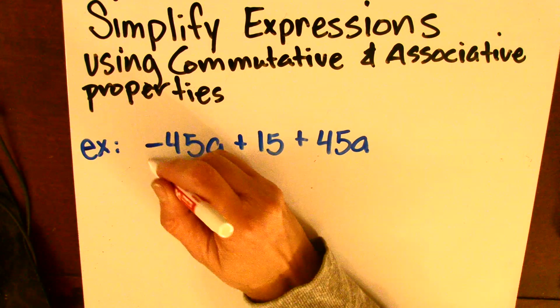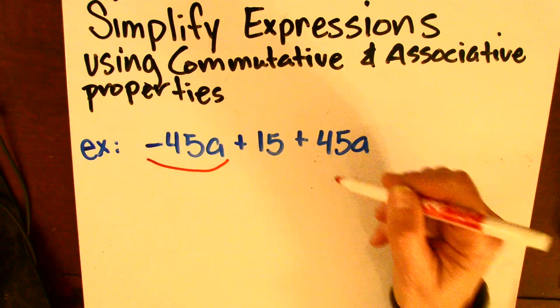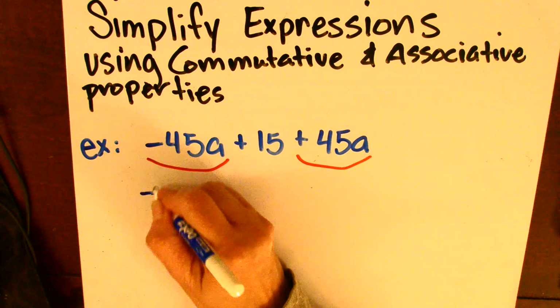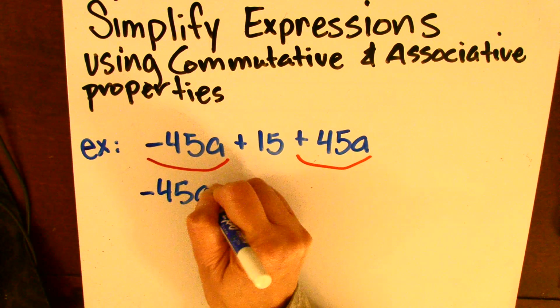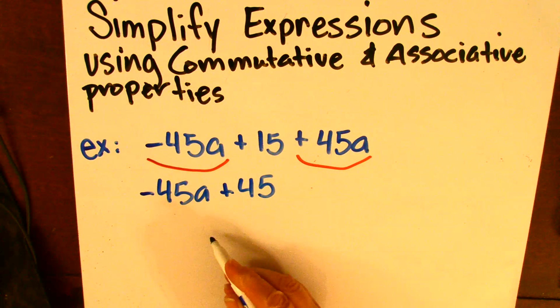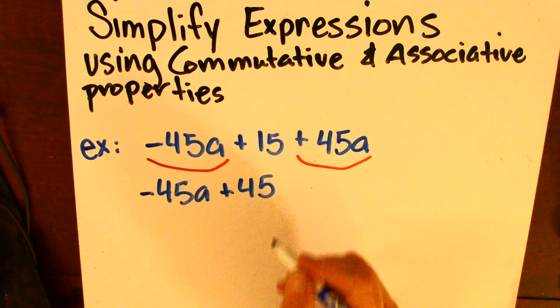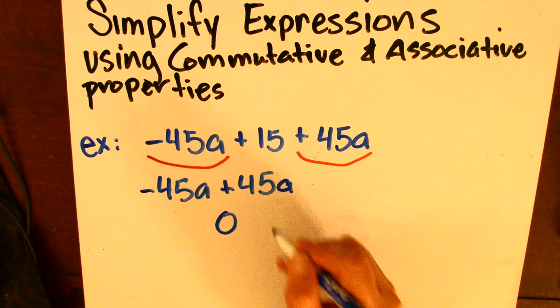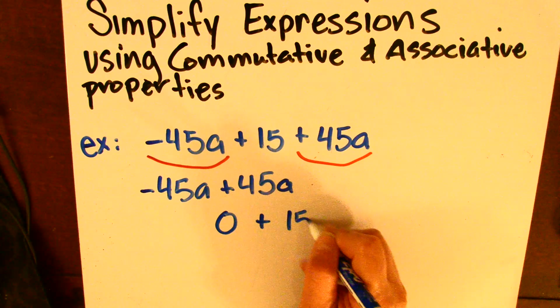So I have a negative 45a and a positive 45a. If I combine those, negative 45a plus 45a, that's going to basically cancel each other out, and I'm left with 0 plus 15.